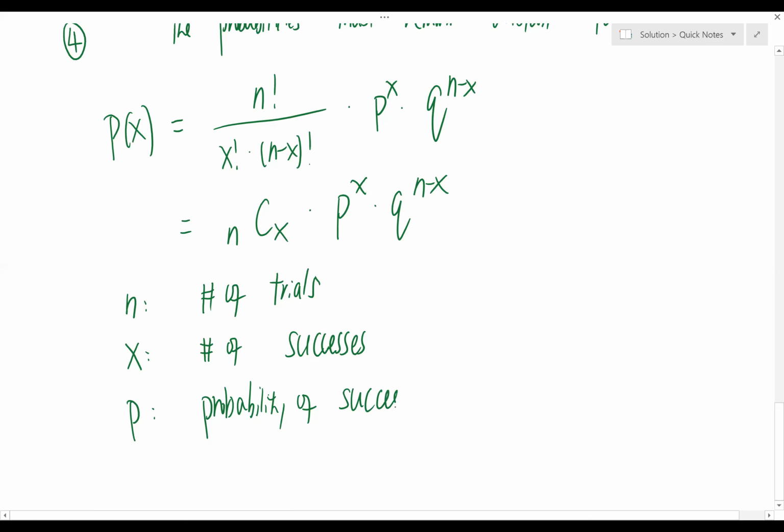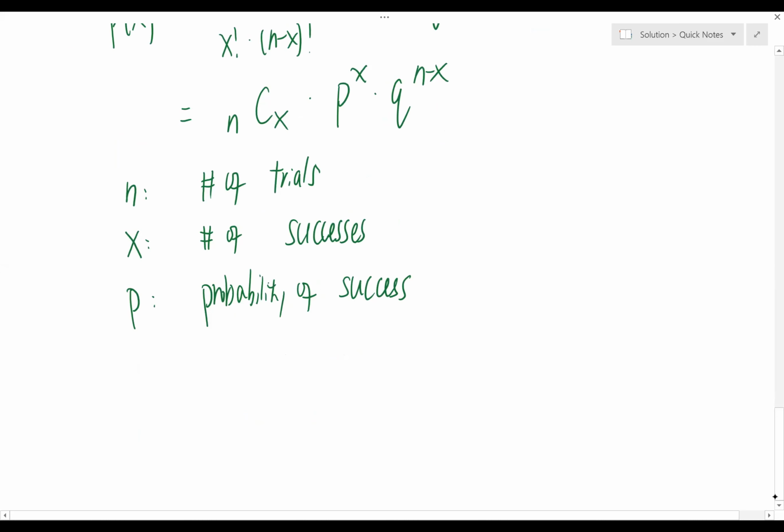And then Q is the probability of failure. Here Q is equal to 1 minus P, meaning probability of failure is the complement of the probability of success. So Q is equal to 1 minus P.